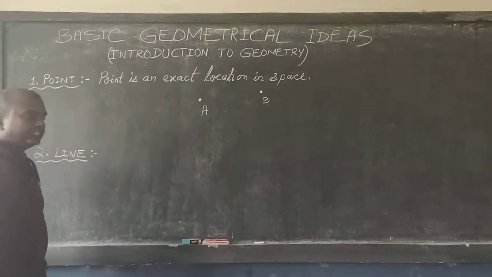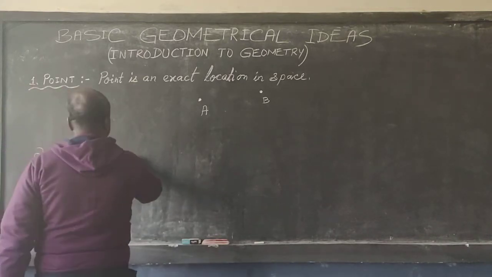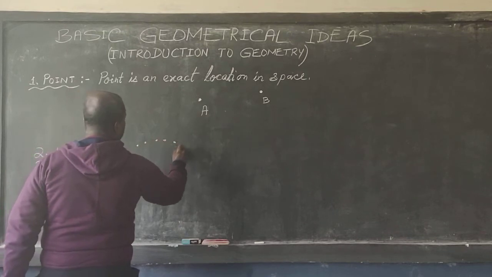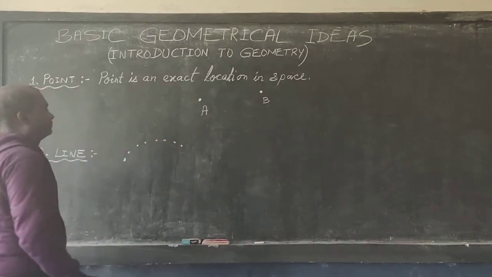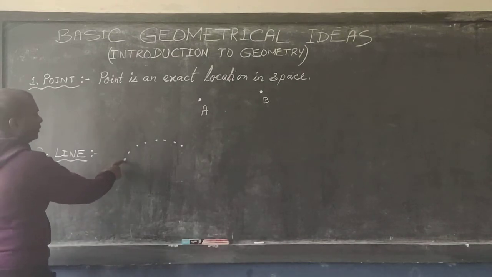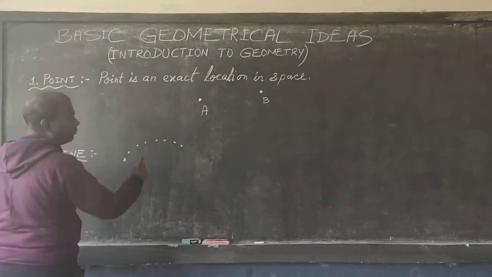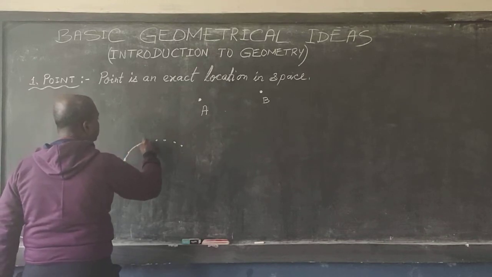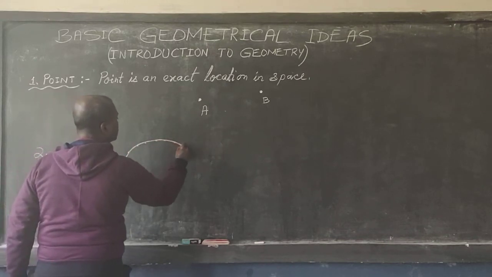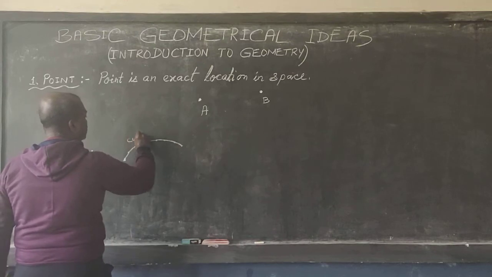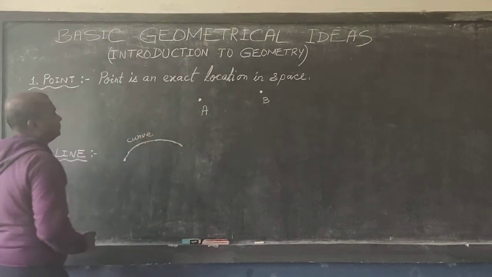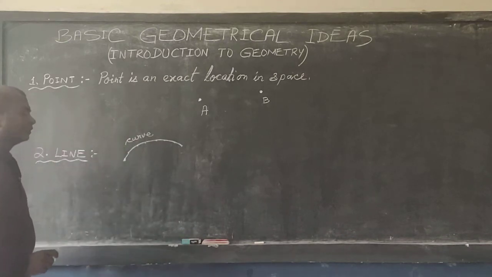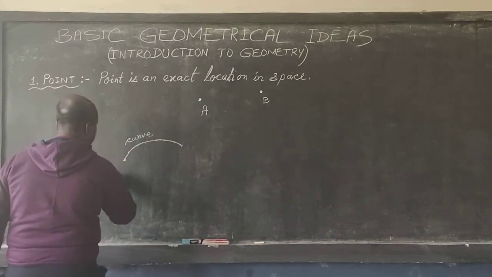Next comes line. Just now I was saying that a line can be thought of as made up of many points. Like I have drawn points here. If I connect them, then I get a curved line. It's a curve. Similarly, another set of points.